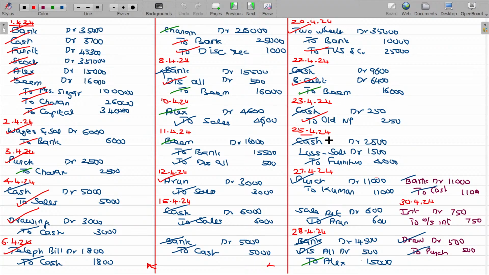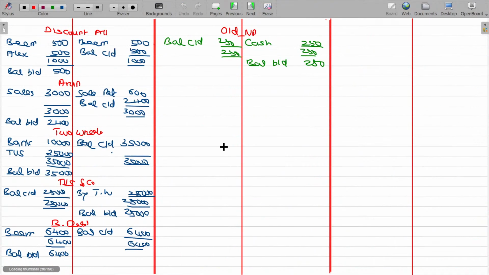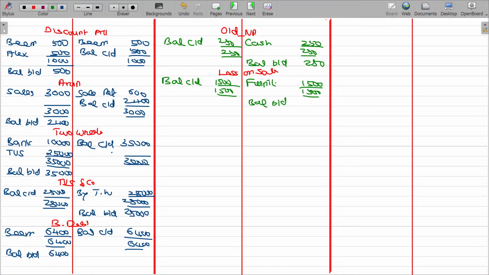The next, loss on sale, to furniture 1,500. Okay. Balance carried on 1,500. Balance brought down 1,500. Clear?